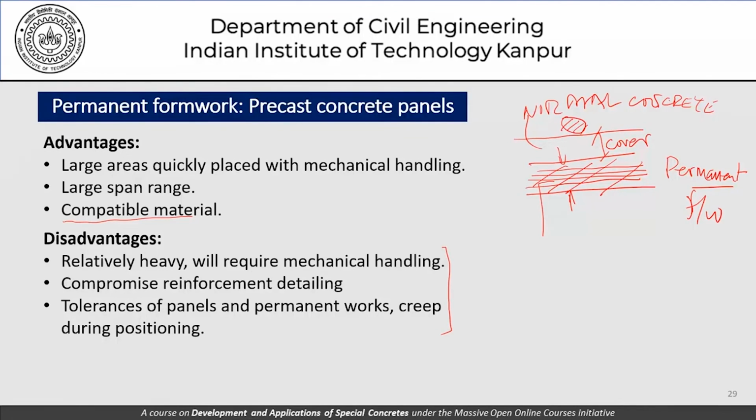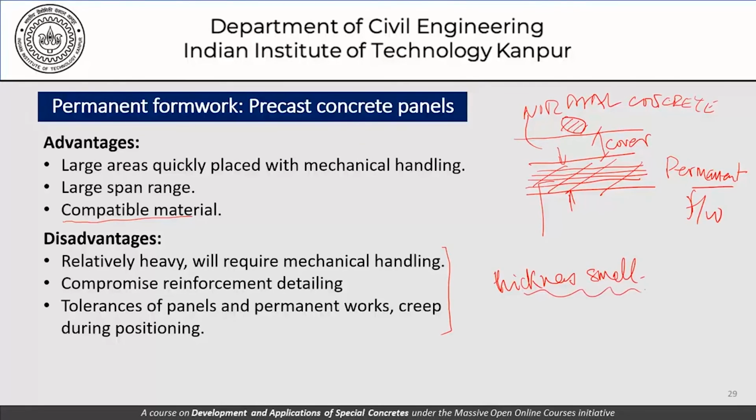I would leave it to you to look at more options as far as precast concrete panels are concerned for permanent formwork. We have covered only one thought process where we have talked of precast panels acting as formwork. So basically what we are talking about is that the thickness is relatively small.